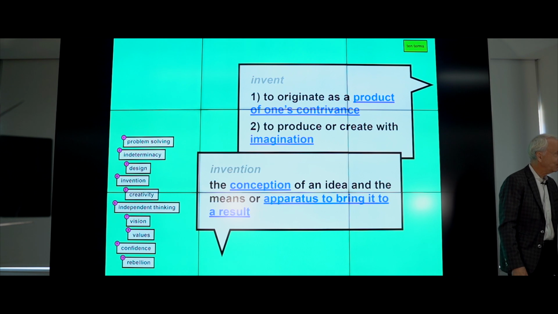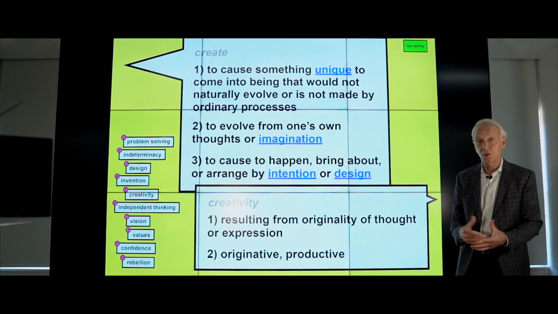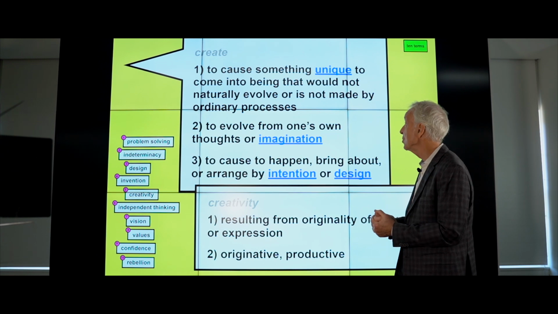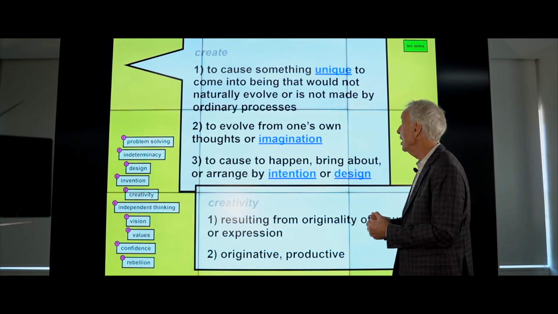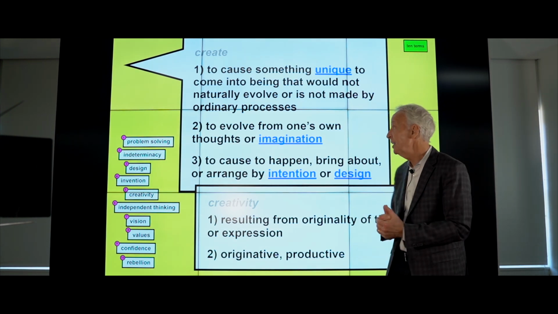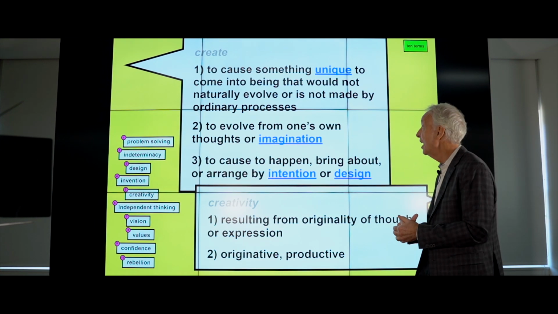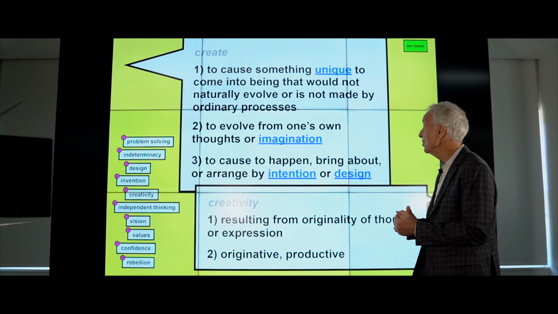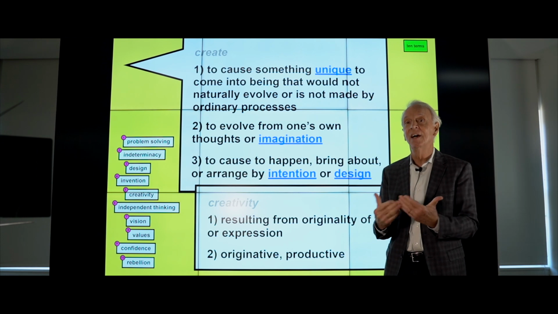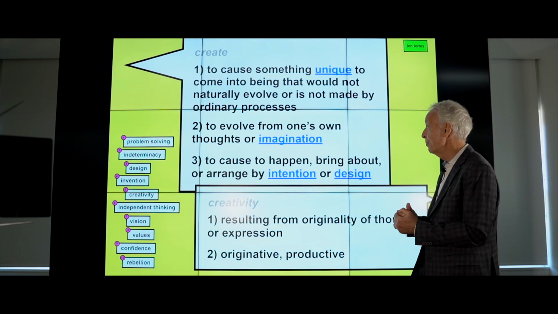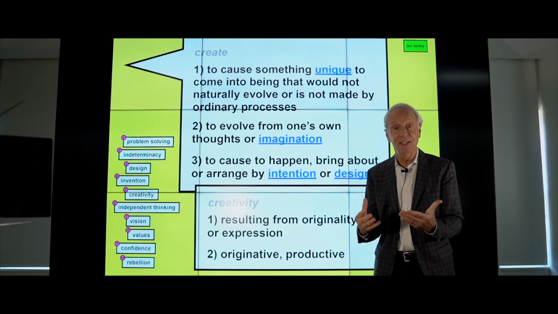The next term I want to talk about is creativity itself. To create is to cause something unique to come into being that would not naturally evolve or is not made by an ordinary process. Creating involves the evolution of one's own thoughts and, again, imagination. It is to cause to happen or bring about or arrange by intention or design.